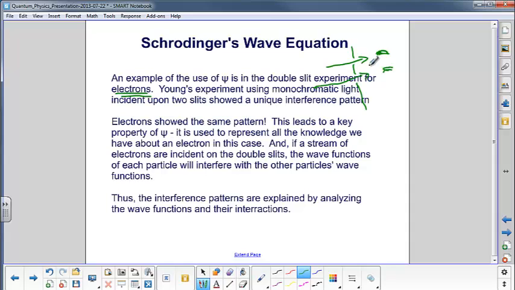You actually had a bright patch here and then bright patches all the way off to either side, indicating that the light was acting like a wave and interfering with itself and creating these different maxima, just like water waves do. Now electrons showed the same pattern.